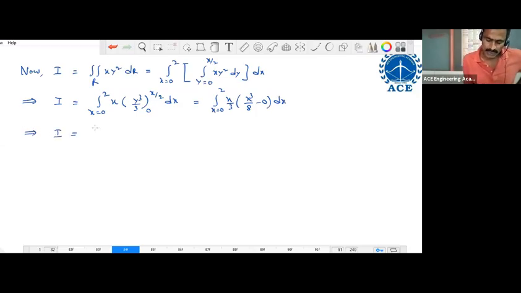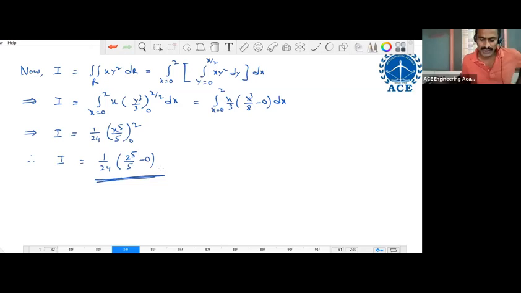So I equal to 1 by 24 as a constant outside. The integral of x power 4 is x power 5 by 5 from 0 to 2. Therefore, I equal to 1 by 24 times 2 power 5 by 5 minus 0. It is the value of the integral, or you can simplify this.